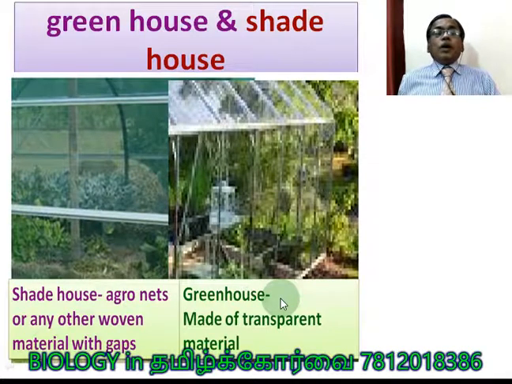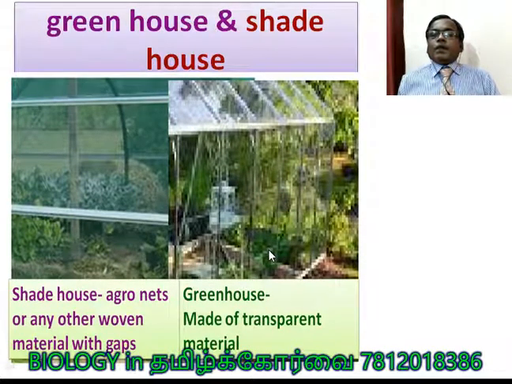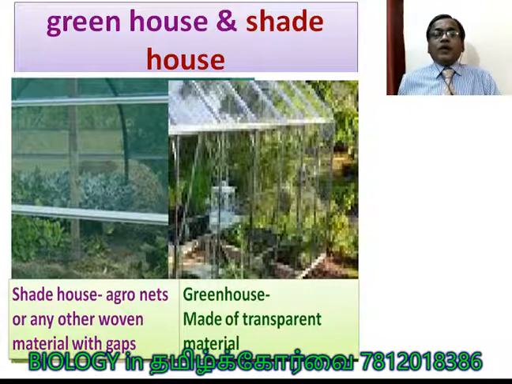Now you see greenhouse and shade house. What is the difference? A greenhouse is made of transparent material, you see, transparent material. A greenhouse is usually warm inside. If you want to see the plants inside, you can feel the temperature is a little bit high when compared to the surroundings.